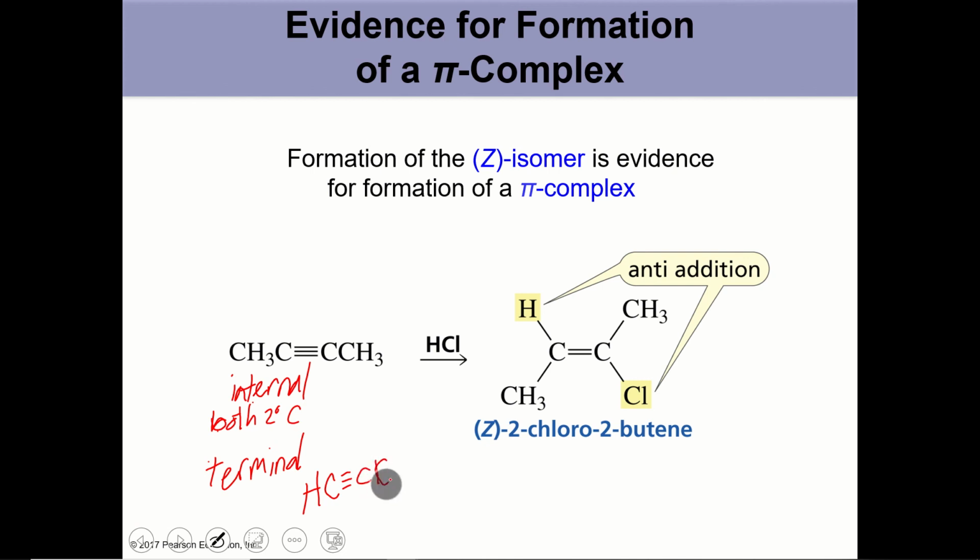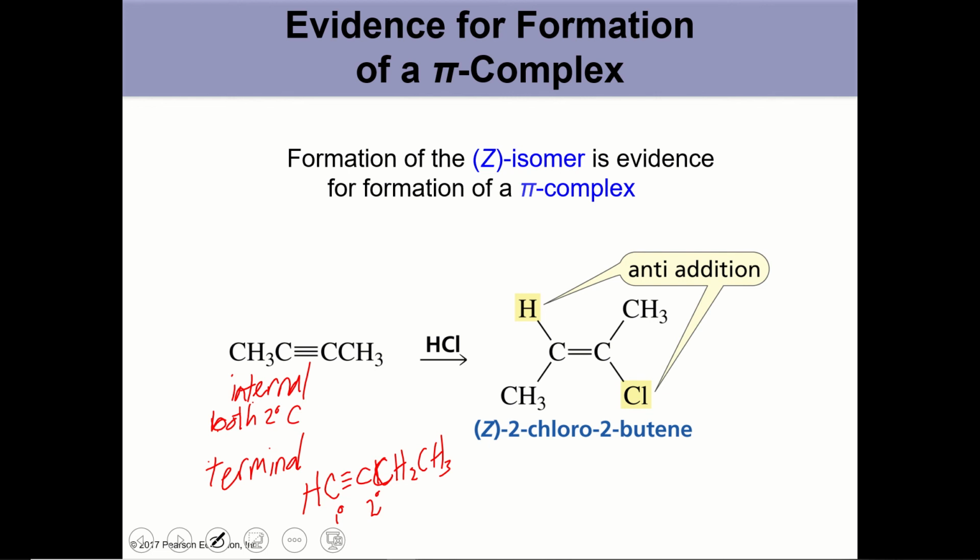So here's our example. Now we have 1 carbon that is bonded to only 1 other carbon atom, so that's primary, and 1 pi carbon that is bonded to 2 other carbons, and so it's secondary. So now we have a difference in the substitution of the vinyl carbons for our alkyne, and that means that it will matter where the H adds and where the Cl adds, and the rules will be the same.